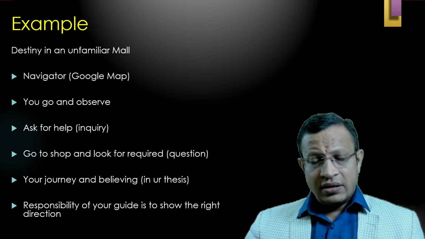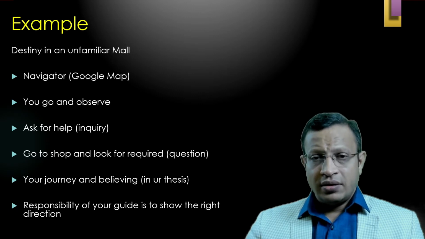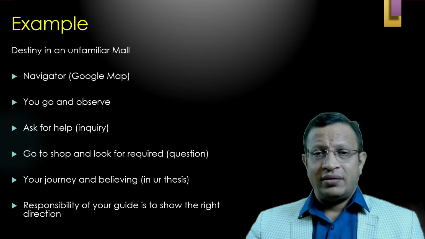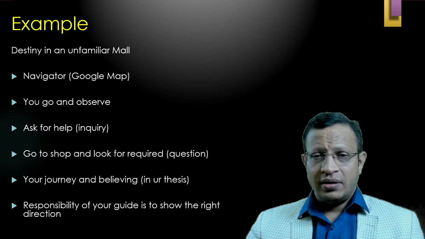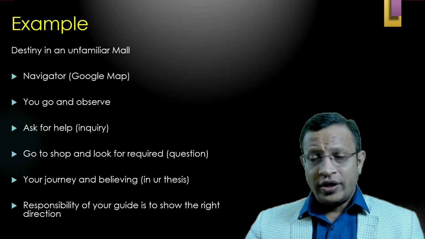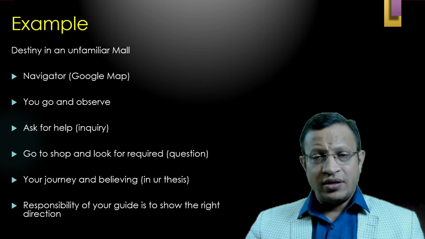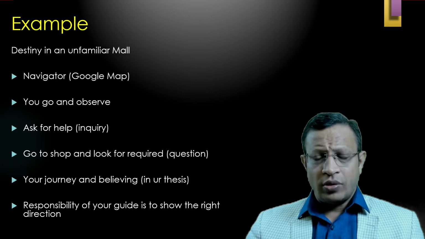It is similar to going to an unfamiliar area, or an unfamiliar mall. If you're going there, you don't know where the mall is. You will use a navigator like Google Maps. It will guide you where to go. At the same time, once you reach the mall, you will go inside the mall and observe what's happening, and you want to buy a laptop.